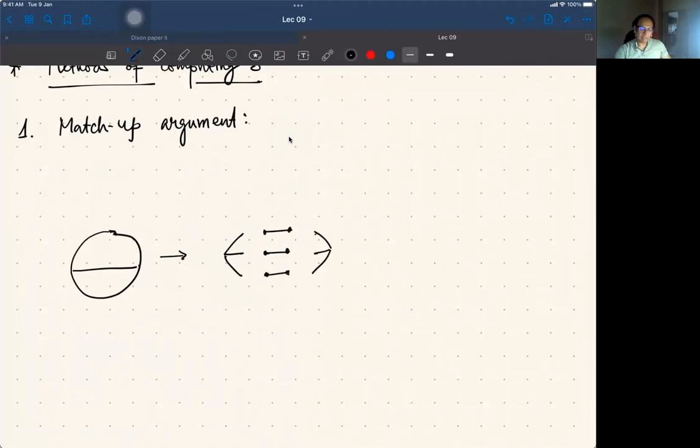Then you ask the question, so each one of them, as I just discussed, will come with certain factors in the denominator. For example, this vertex has a factorial 3 in the denominator, for interchanging of the three derivatives. Similarly, this one.